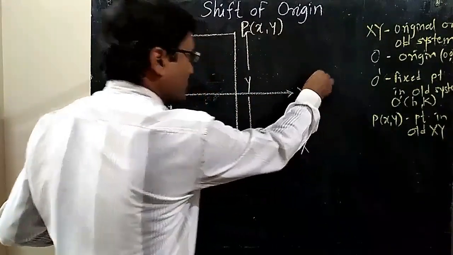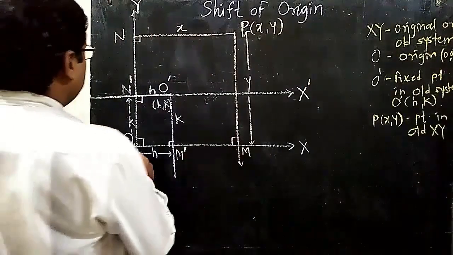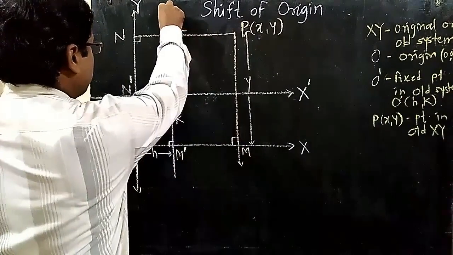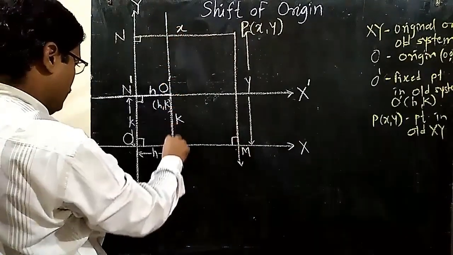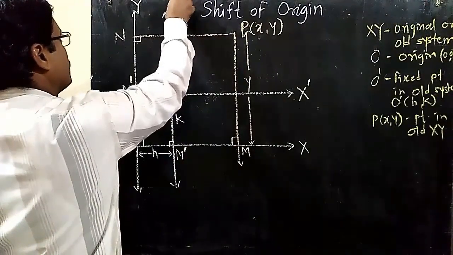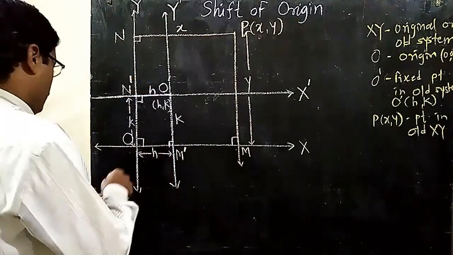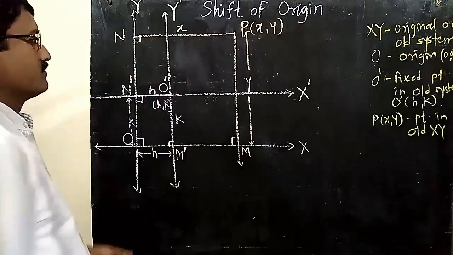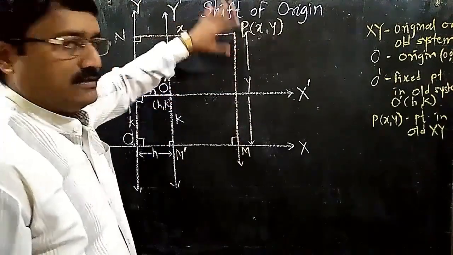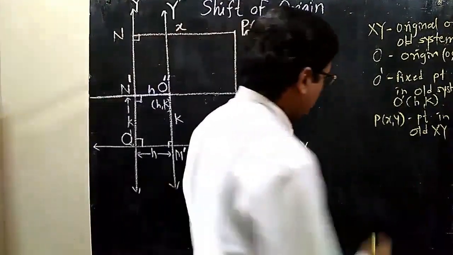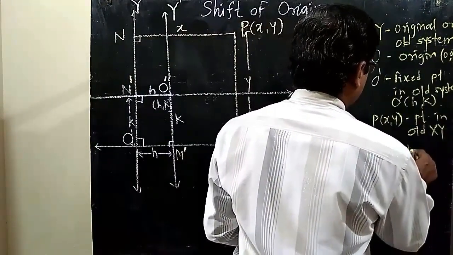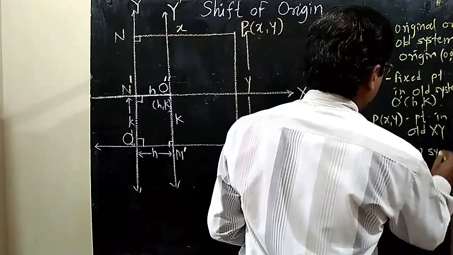We will call it x dash, and this line OY is shifted up to this O dash, so we get this line which is our new Y dash axis whose origin is O dash. So this x dash O dash Y dash is our new system. So we will write here x dash Y dash is new system.